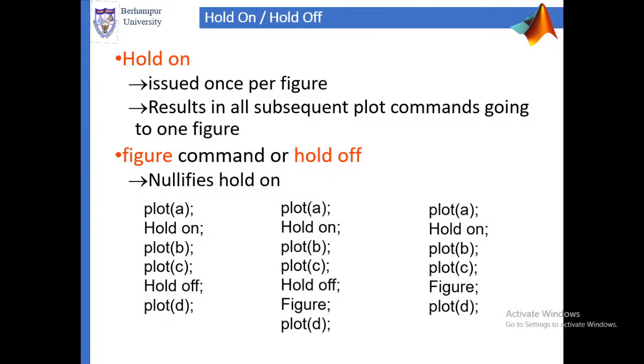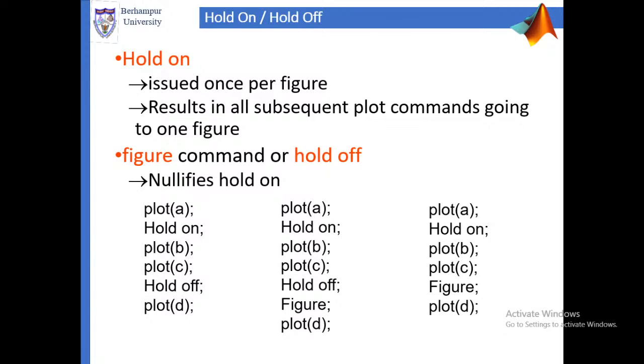Similarly, in the second case, plot A, hold on, plot B, plot C, then hold off, then we are writing figure, plot D. In this case, even if we have used hold off, the first figure will not be extinguished. It will remain containing plot A, plot B, plot C. Another figure window will open in which plot D will be there.